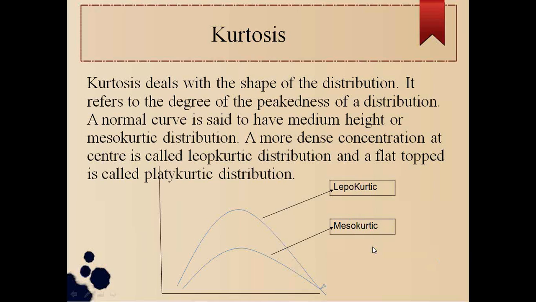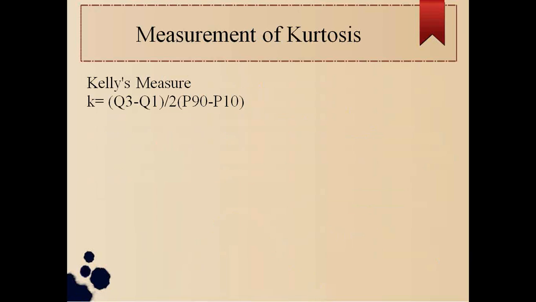Okay, so this is kurtosis, and we have a formula for kurtosis. This is Kelly's formula: Q3 minus Q1 divided by 2 multiplied by P90 minus P10. That's how we calculate the kurtosis.